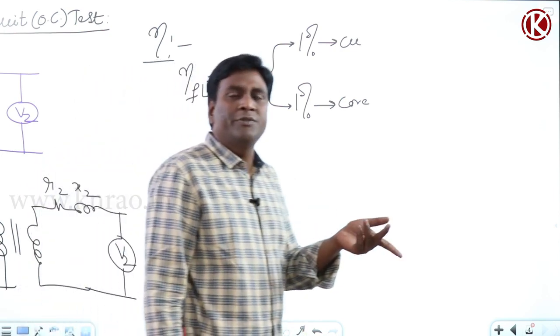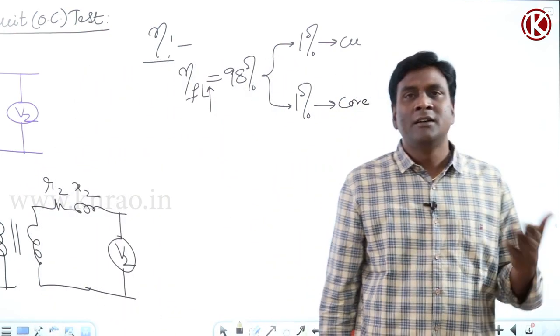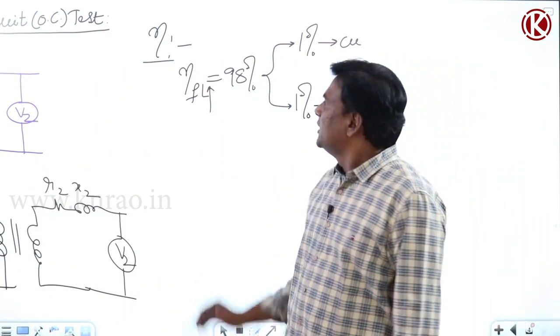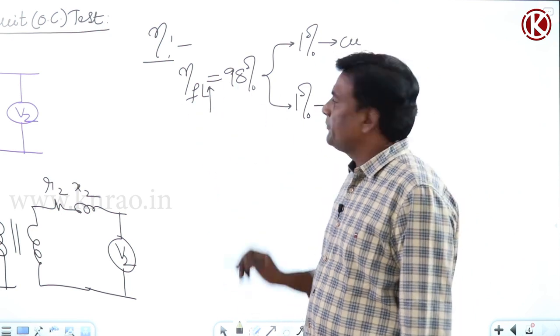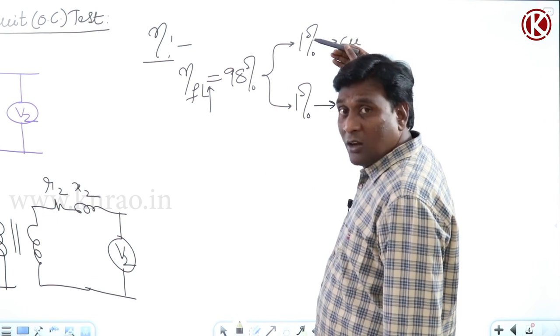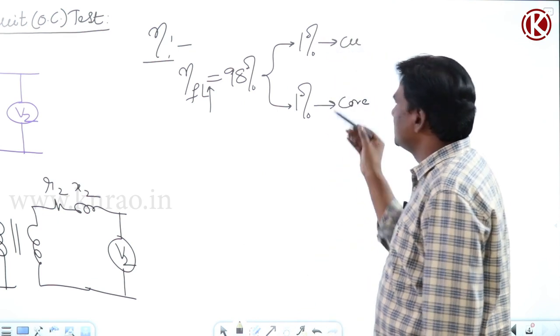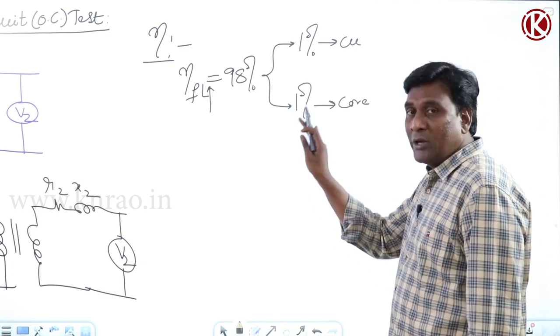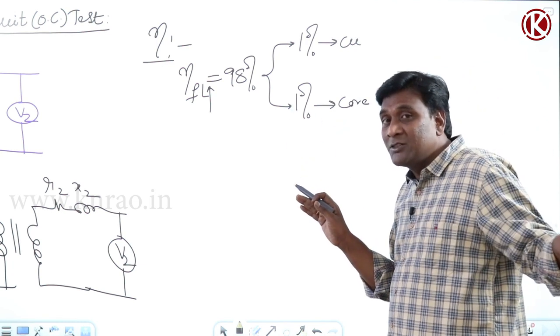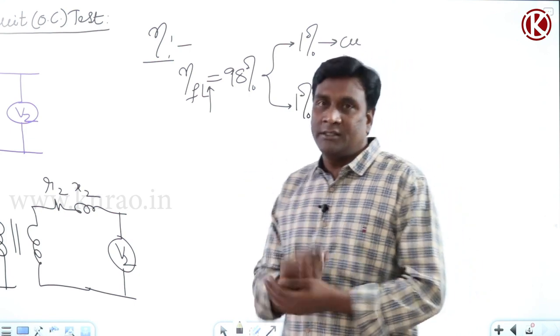What max efficiency is and all, we will see in the efficiency discussion. Efficiency at full load of 98% is a very common thing. In that, I can consider 1% losses as copper loss and 1% losses as core loss. This is going to happen when a practical transformer is operating at full load condition.